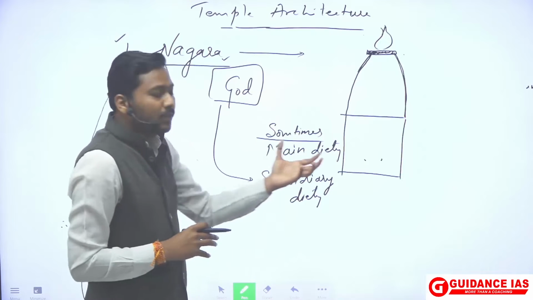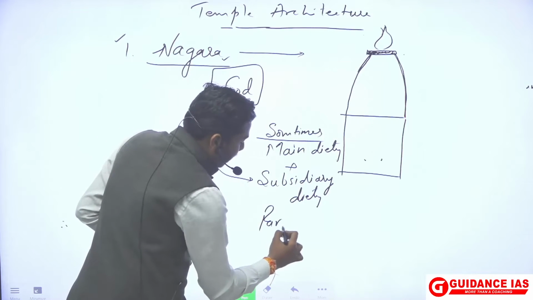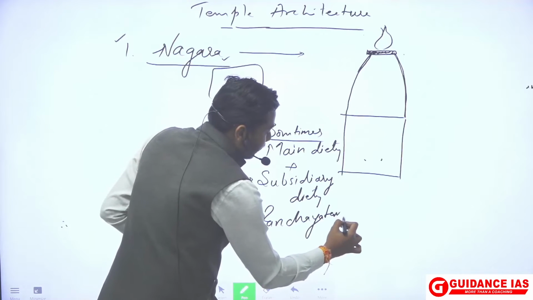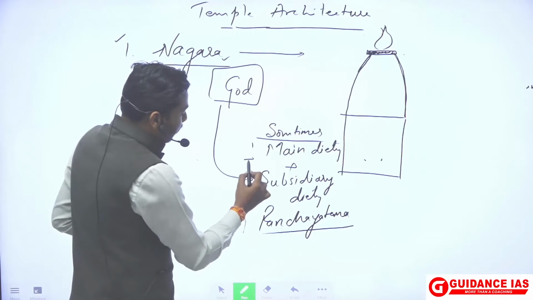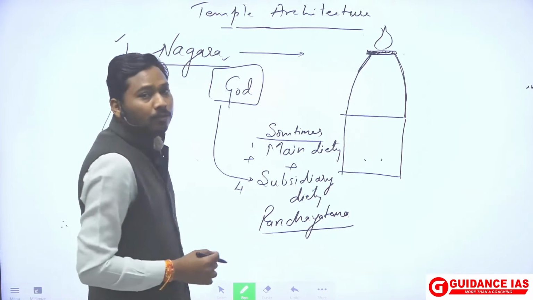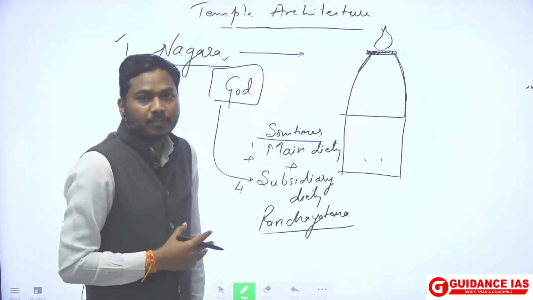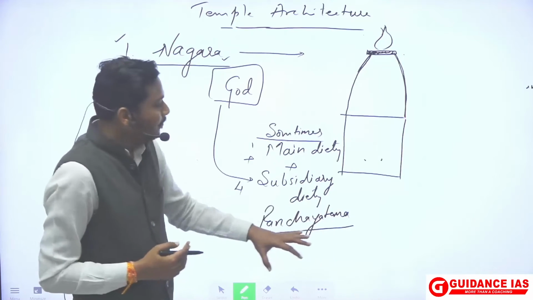And when it comes to subsidiary deities, temples are constructed in Panchayatan form. Clear? Panchayatan means one main god plus four subsidiary gods. That is a question which was asked by UPSC a few years back in the prelims examination. Clear?